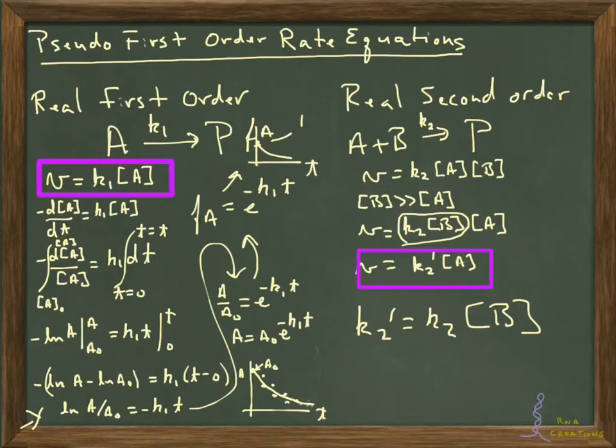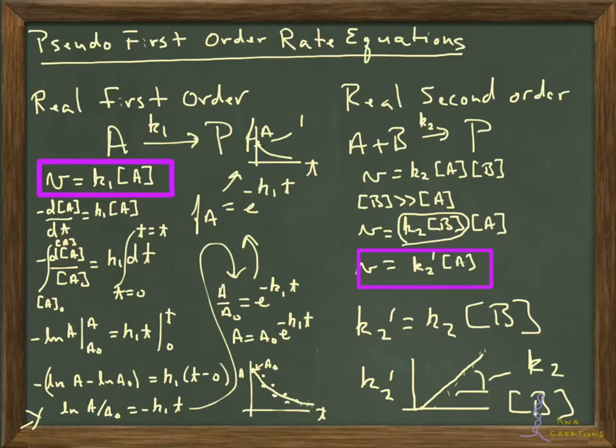And so you pull out K2 prime from these exponential decays, then you redo the experiment at a new concentration of B, and you plot K2 prime versus the concentration of B, and each of these is at a different concentration of B, and then the slope of this line is what? K2, what you're really interested in. So that's how I would go after a second order rate constant, is to turn it into a first order rate constant by holding B's concentration in excess, doing an experiment, changing it again and again and again.